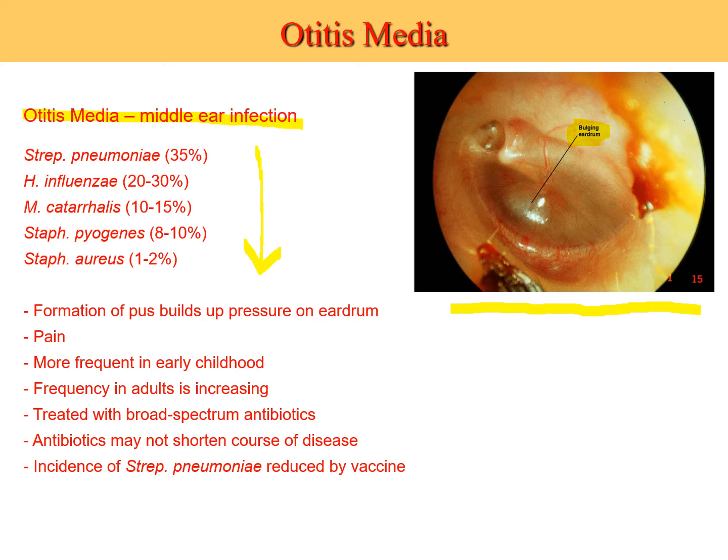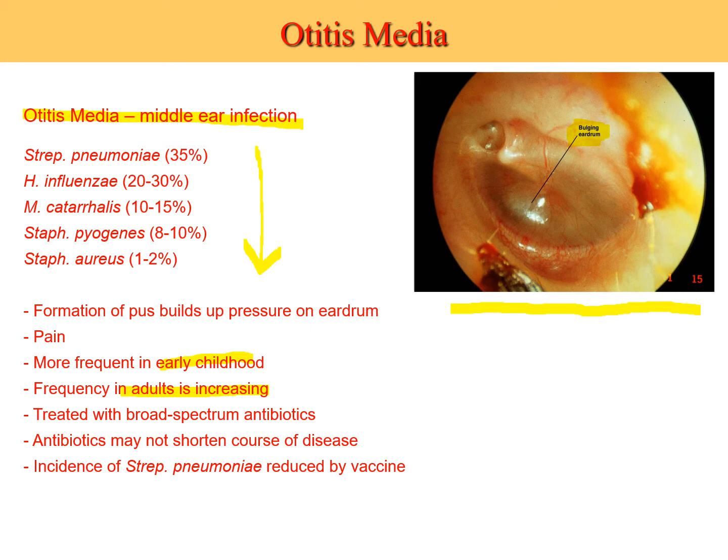These kind of infections are more frequent in early childhood. The frequency of occurrence in adults has been increasing over the past few years. Often it's treated with broad spectrum antibiotics, but in the end it seems that, especially with cases of repeated middle ear infections in children, antibiotics don't necessarily shorten the course of the disease process.